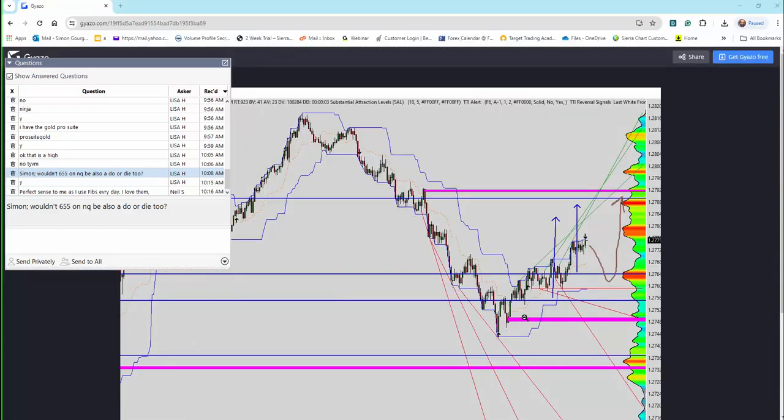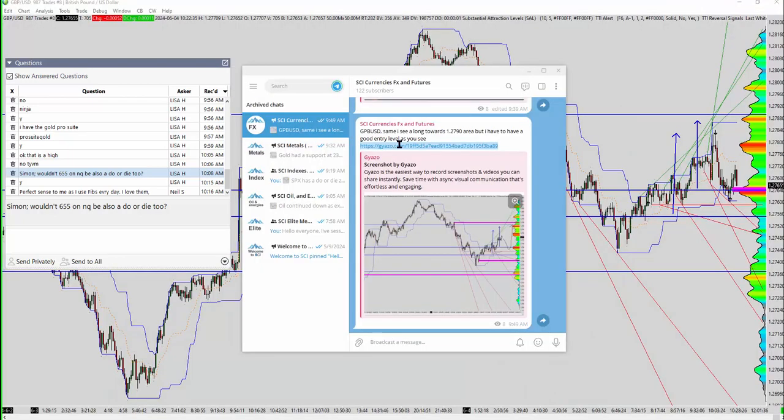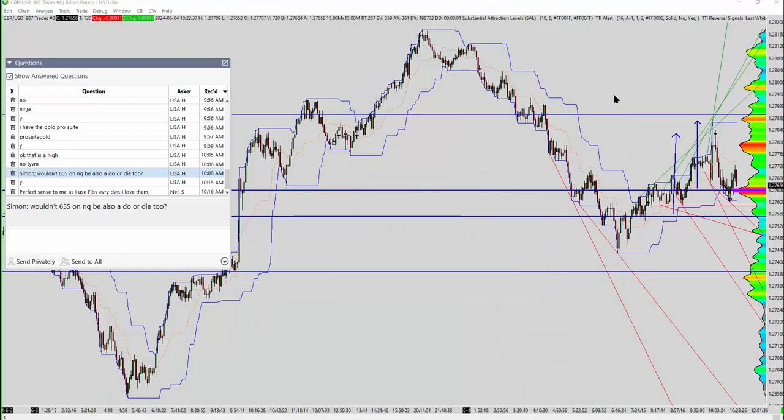So what I posted was a picture. I said I needed to come back down to this line and this line before I'm comfortable for the long. Same analysis, same thing, right? Look, in reality, it actually came back down to these levels.